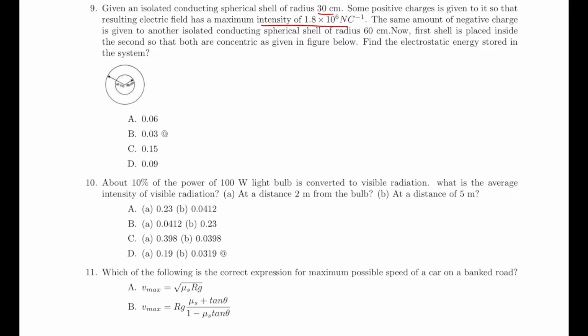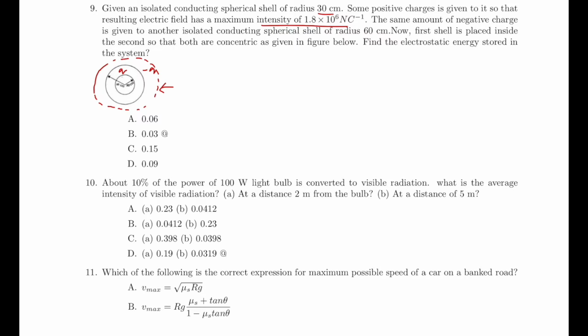So if the inner spherical shell contains a charge q, the outer spherical shell contains charge minus q, so the electric field outside the outer shell is zero because of Gauss's law, because there is no net charge enclosed in this Gaussian surface.